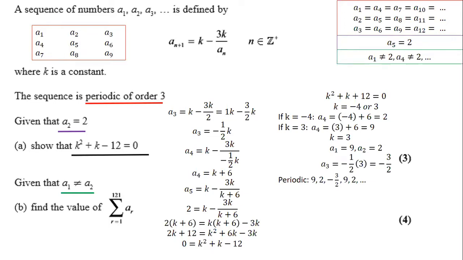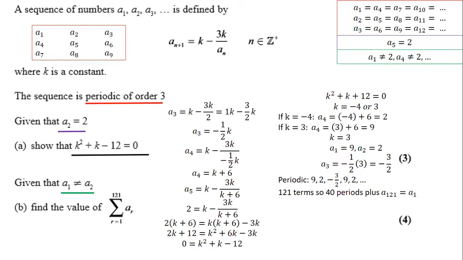Now I want to add together the first 121, so when I group them into 3s, I need to think how many groups of 3 will I get from 121? Well, 40 times 3 gives me 120. So I'm going to have 40 periods plus the 121st term, which is going to be equal to that first column.